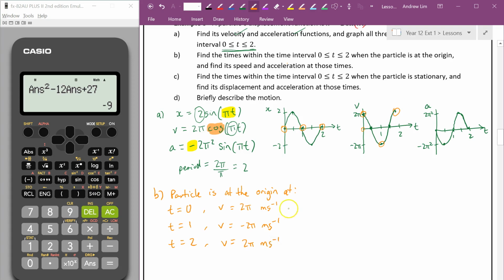Alright, and acceleration. Okay, at t is equal to 0, acceleration is 0. At t is equal to 1, acceleration is 0. At t is equal to 2, acceleration is 0.